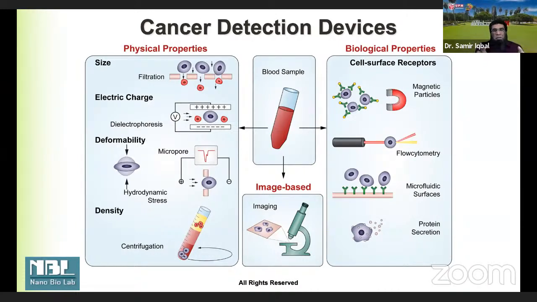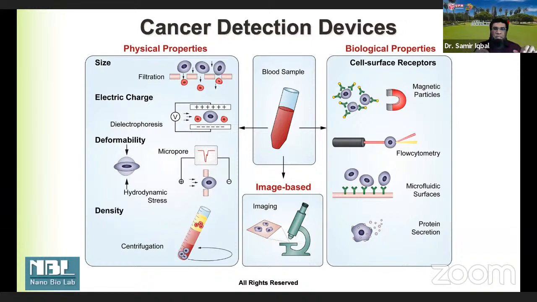Now, I may not be able to go through all of the different things that we have done, but I'll share a few of those with you. This picture tells us what may be different ways how we can do early detection. In the size-based resolution, it's like a filter, but it's more than a filter, because with one micropore in a membrane, we can measure ionic current across that pore.